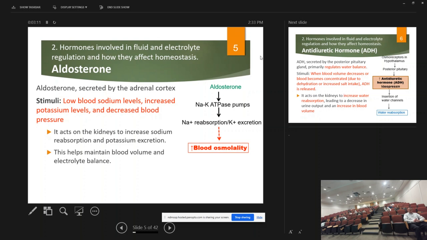The whole goal here is to increase the blood osmolality because you have low sodium, right? If you have low sodium, the solute concentration is going to be low, so that will cause a decrease in osmolality. And also the volume will be low, so osmolarity and osmolality will both drop. So what you have to do is regain.